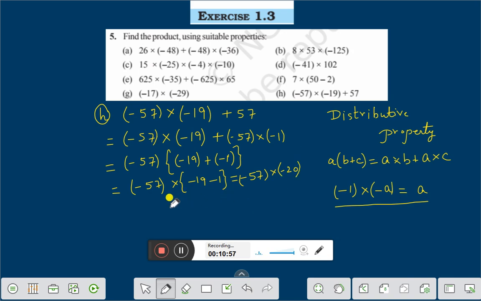Minus into minus is plus, and we multiply 57 by 2: 2 times 7 is 14, carry 1, 4; 2 times 5 is 10, plus 1 is 11. That is 114, and with the 0, 1140. This is the answer of question number H. We used the distributive property and the property that minus 1 into minus A is equal to A.